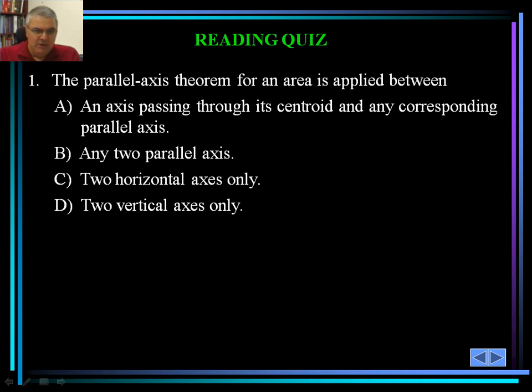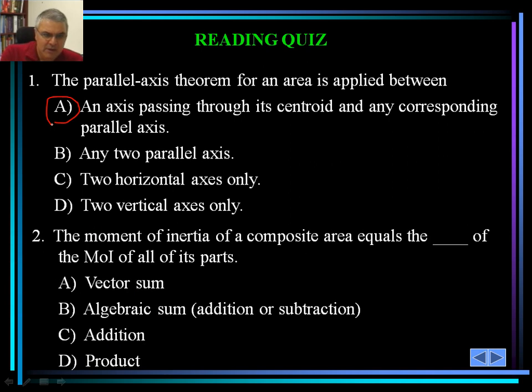So among these four choices, the best one seems to be A. The parallel axis theorem for an area is applied between an axis passing through its centroid and any corresponding parallel axis. If the axis is not parallel, then we won't be able to apply this theorem.